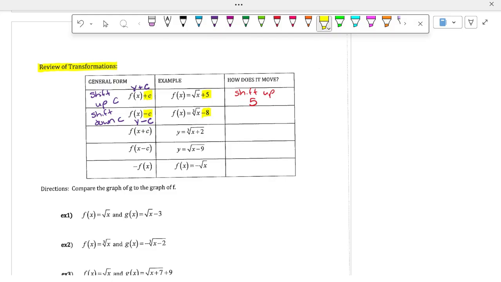So we have the parent function of a cube root, but we're subtracting 8. So am I going up or down? Down. So I'm going down what? 8 units. I should say shift.